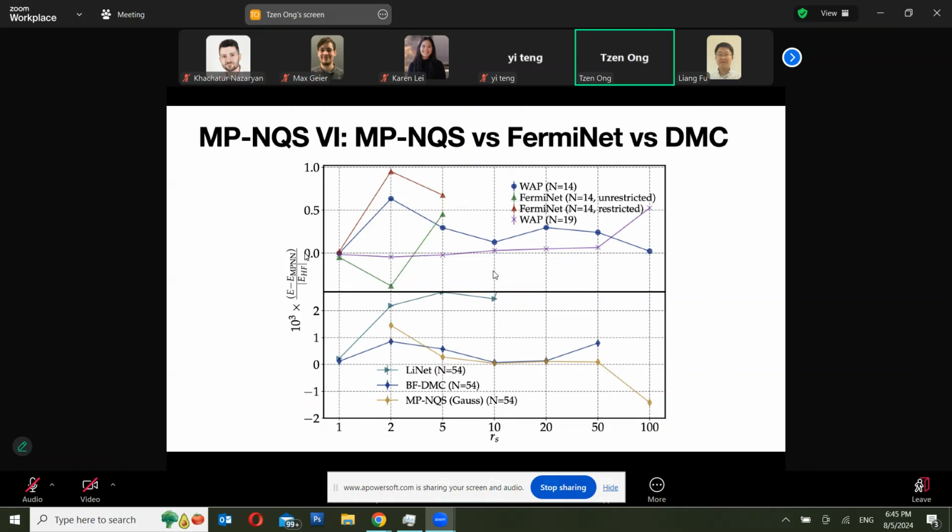Okay, so zero is the MP-NQS ground state energy, and at small RS you can see that Ferminet is a bit better, but at large RS they beat Ferminet and also WebNet, which is another architecture. And then at RS equals 5, this is for 14 electrons, and then for 54 electrons they compare with DMC, and they show that they are better than DMC as well.